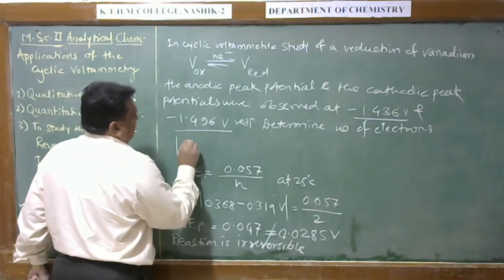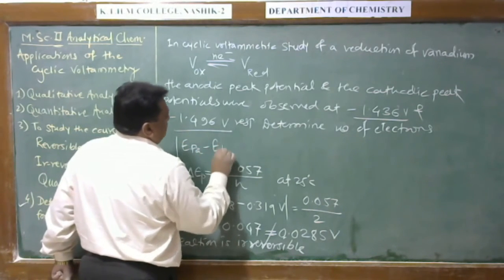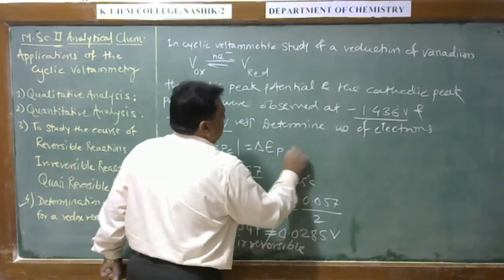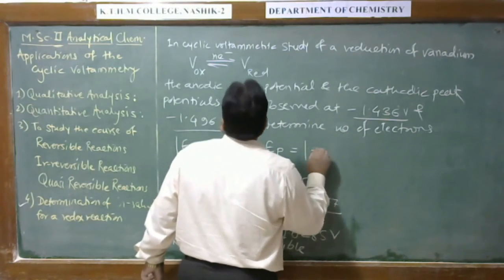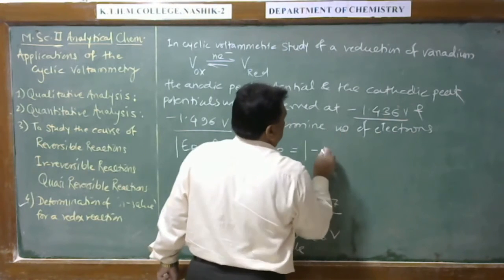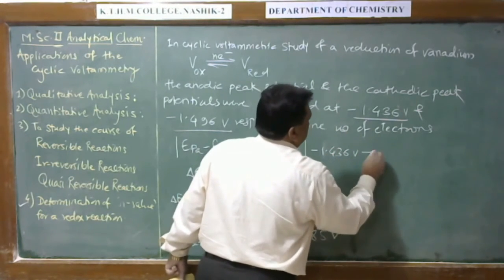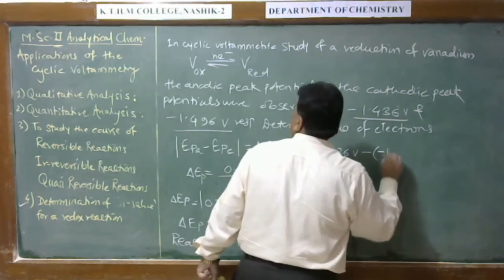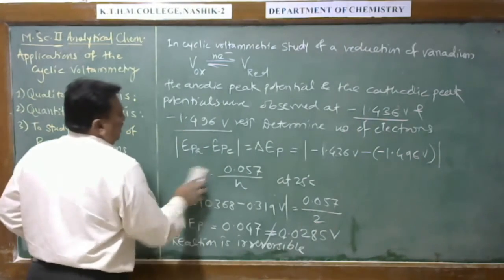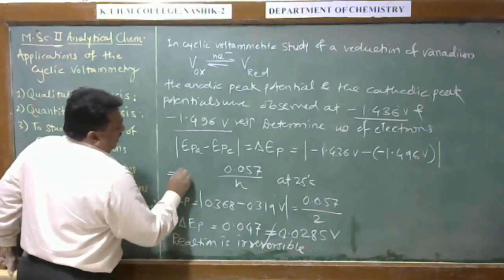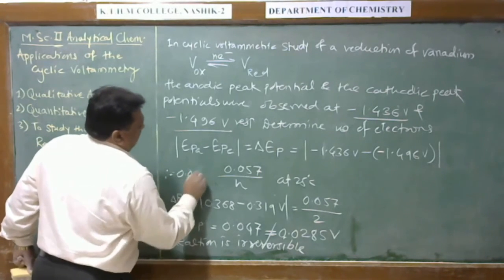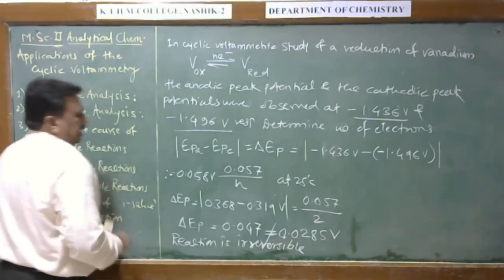Therefore, mod of EPA minus EPC is equal to delta EP, and delta EP in this case is equal to mod of minus 1.436 volt minus of minus 1.496 volt, which is equal to 0.058 volt at 25 degrees centigrade.